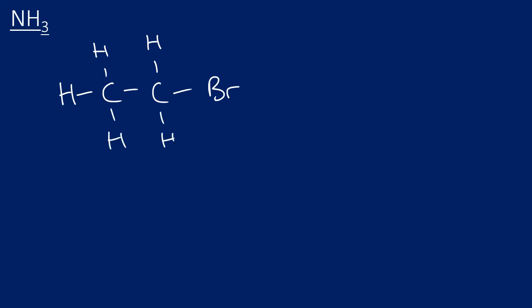Okay, let's look at the third nucleophile then. So ammonia, and this time I'll stick with the previous one, bromoethane, and ammonia has a lone pair on the nitrogen.